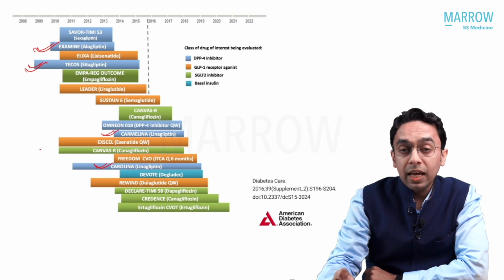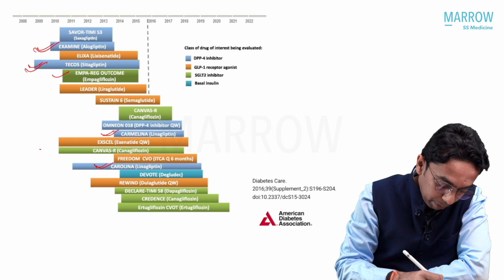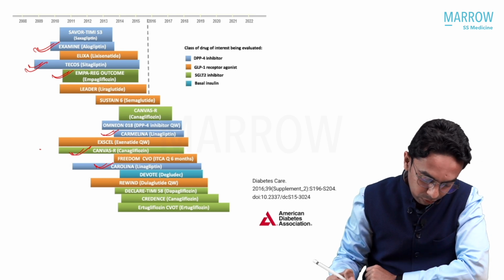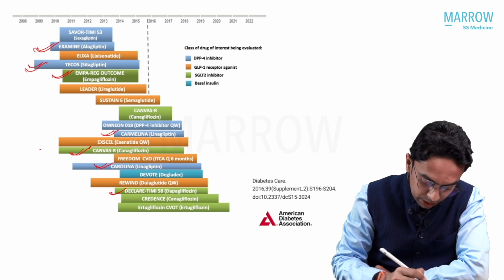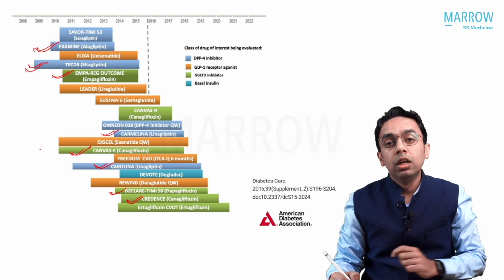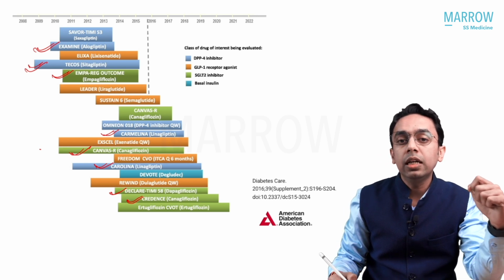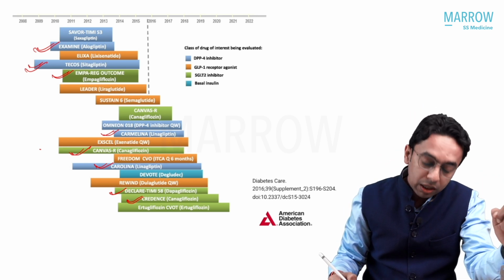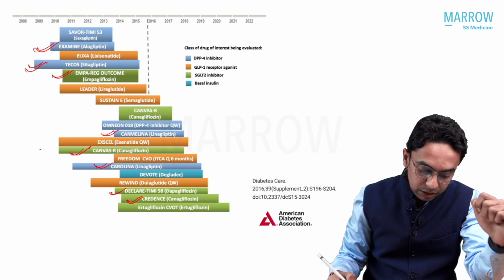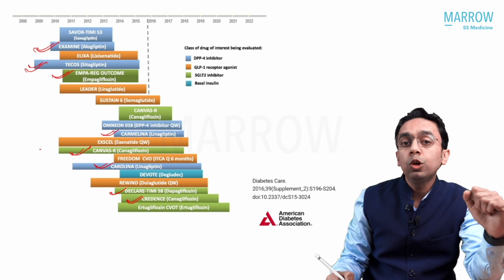And important SGLT2 inhibitor trials: EMPA-REG is very important, CANVAS for canagliflozin, EMPA-REG for empagliflozin, DECLARE-TIMI for dapagliflozin and Credence for canagliflozin. Then recently EMPEROR for empagliflozin and DAPA-HF for dapagliflozin. These are important trials of SGLT2 inhibitors.